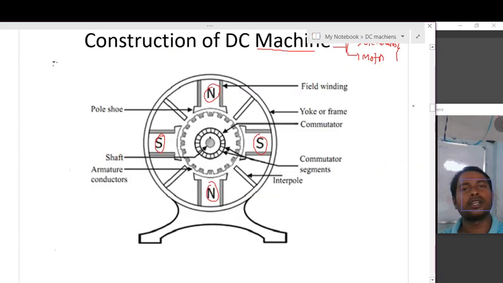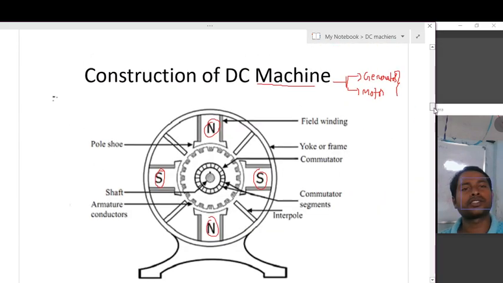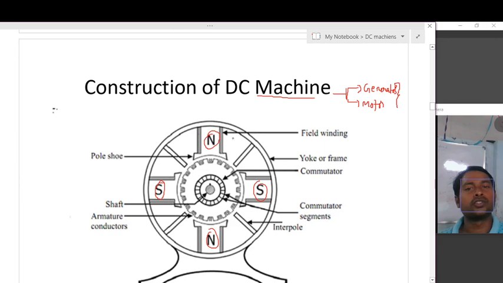But in the actual construction of a DC machine, there are no permanent magnets. These two, north and south, are electromagnets.